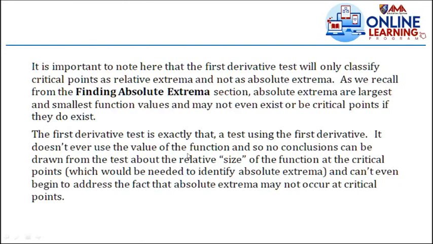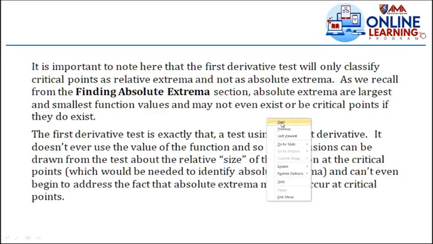It doesn't ever use the value of the function, and so no conclusions can be drawn from the test about the relative size of the function at the critical points, which will be needed to identify absolute extrema, and can't even begin to address the fact that the absolute extrema may not occur at critical points.